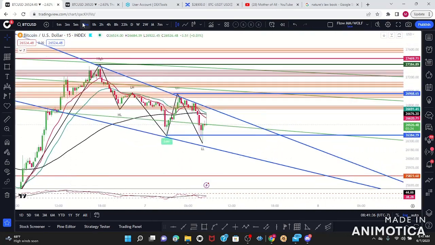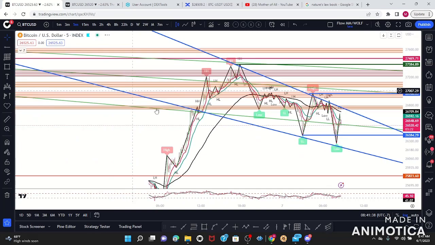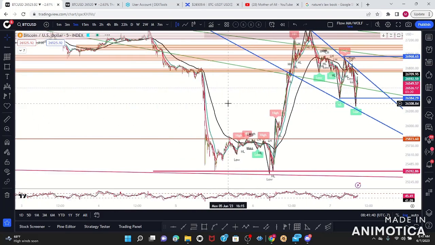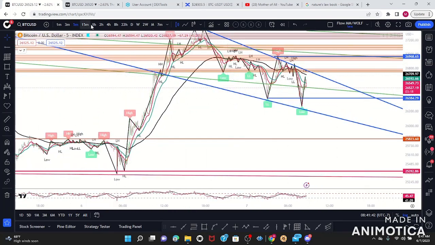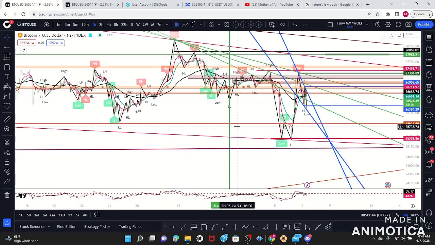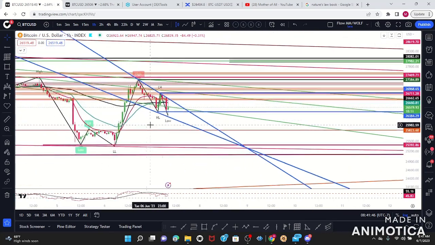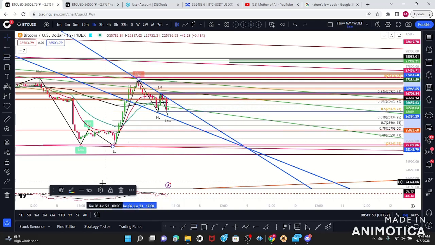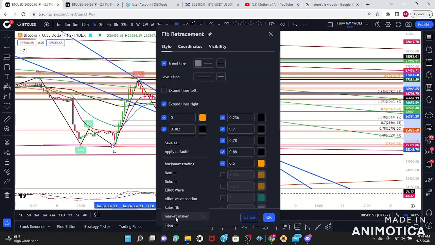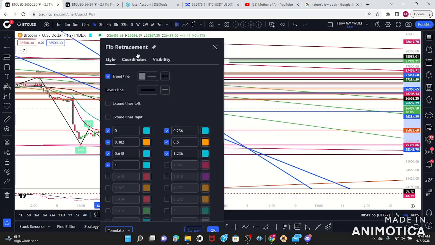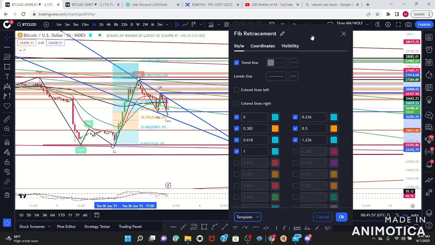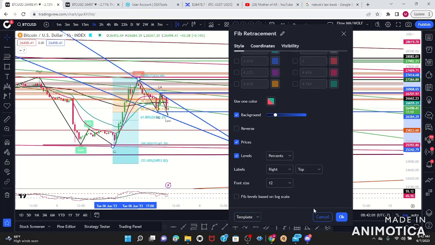Okay, so I'm looking at this like a bull flag right now. I do have to consider the retrace that happened right after each move to the upside. You're going to have a retrace. So pull a fib from the bottom to the top. Let me just reverse this.